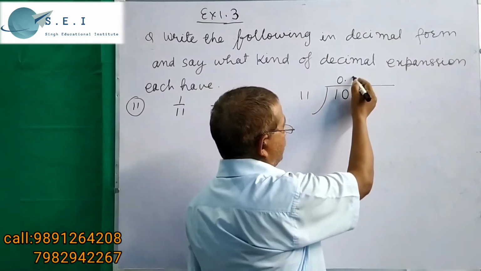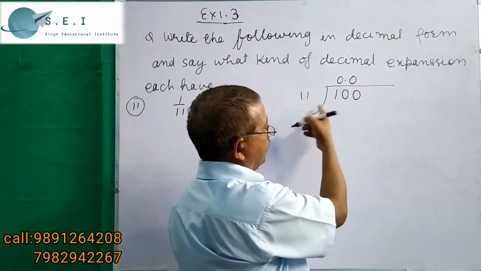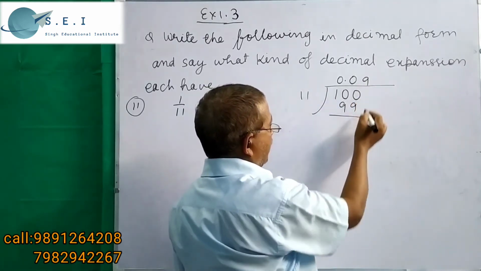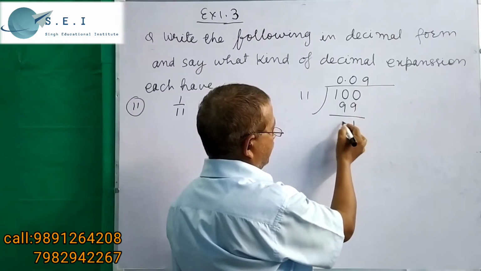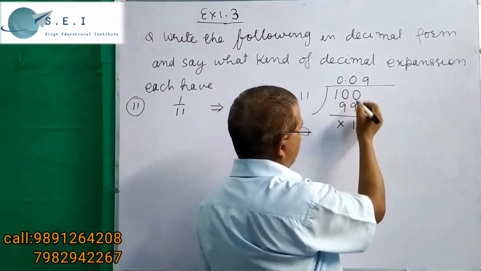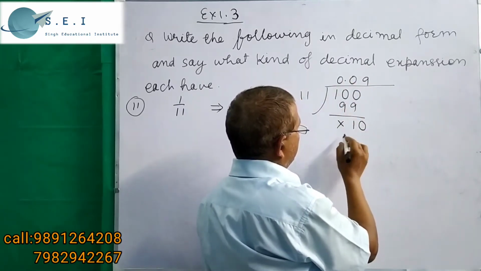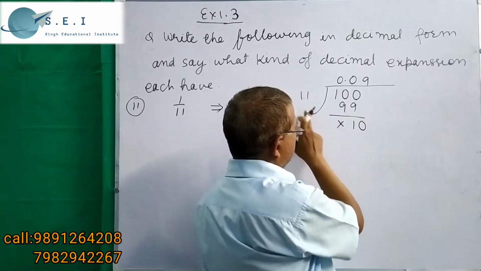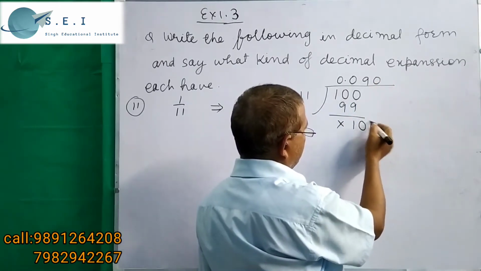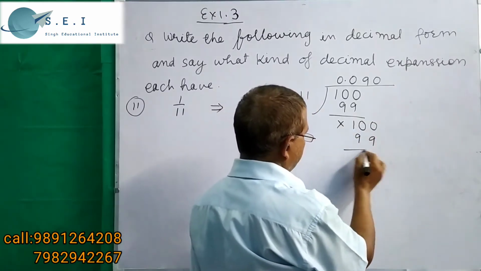Again write 1 0. 11 9s are 99. Subtract it. It is 1 and 0 due to the decimal. This 10 is lesser than 11, so put a 0 and again a 0. So 11 9s are 99.